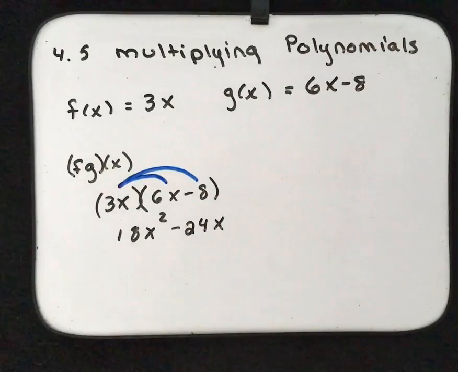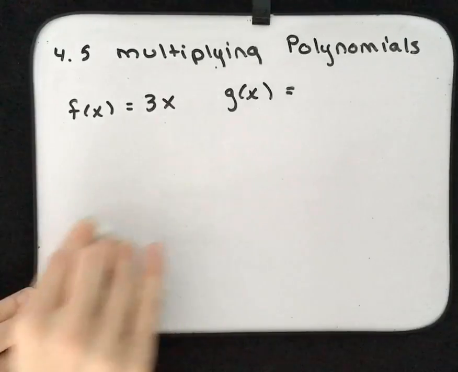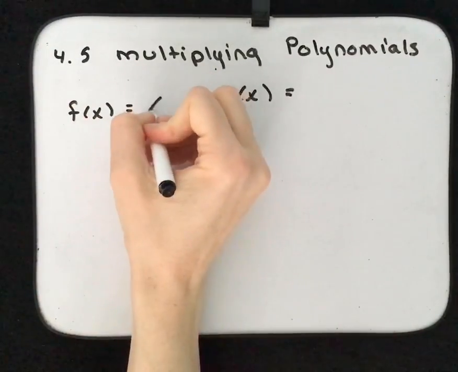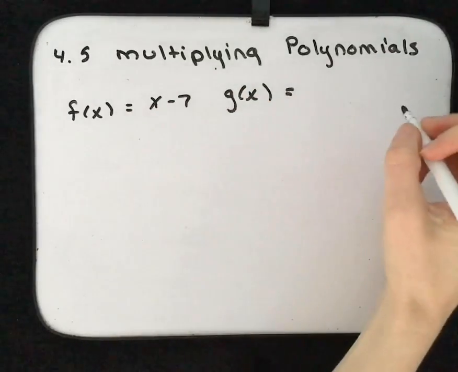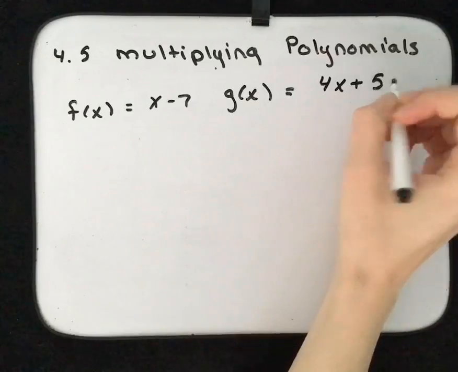Let's try again. Let's say this time that f of x is x minus 7 and g of x is 4x plus 5.